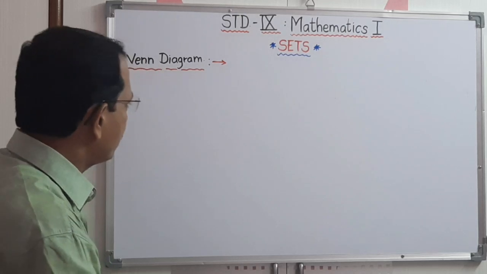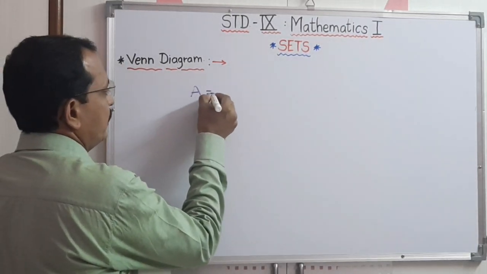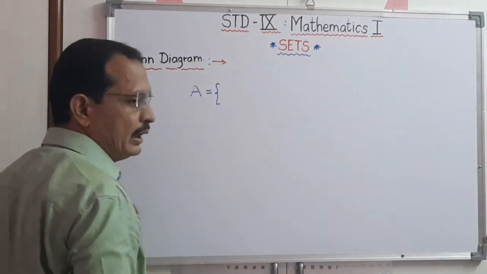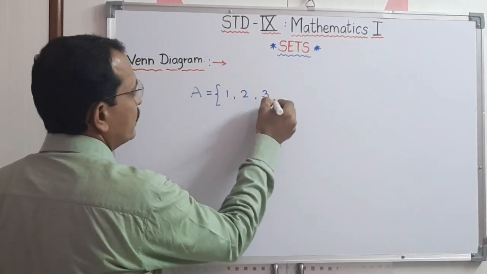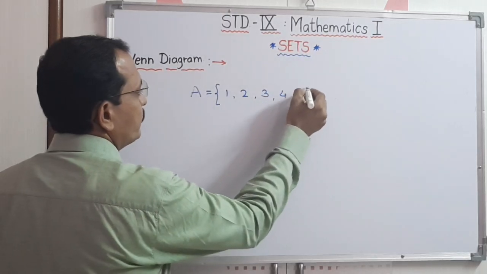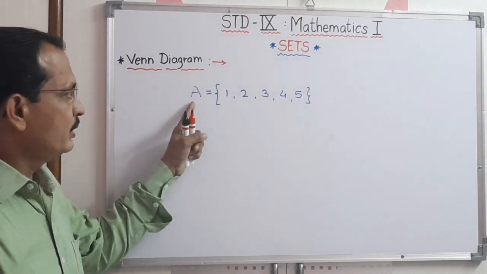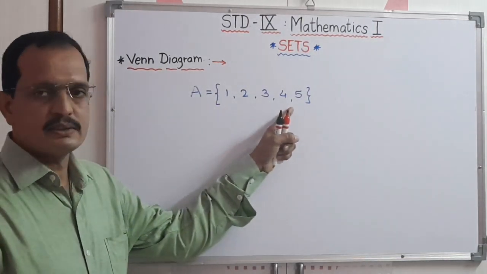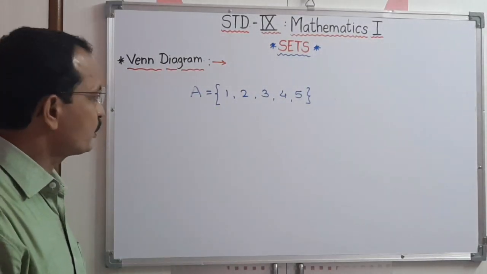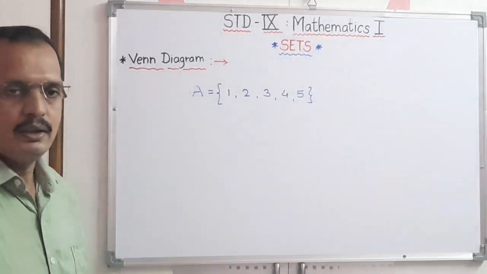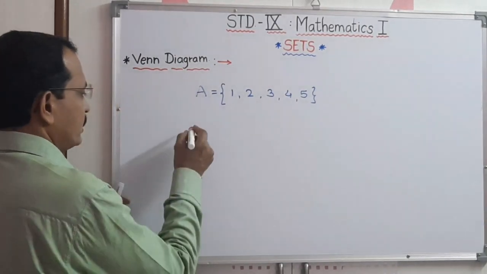Suppose I write here set A, and I write the elements in curly brackets: 1, 2, 3, 4, 5. The set A contains 5 elements, and suppose I represent these elements in a closed figure.